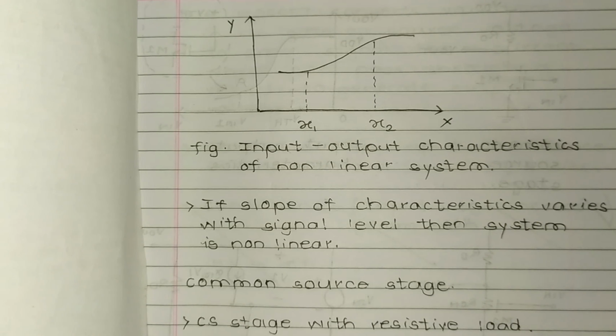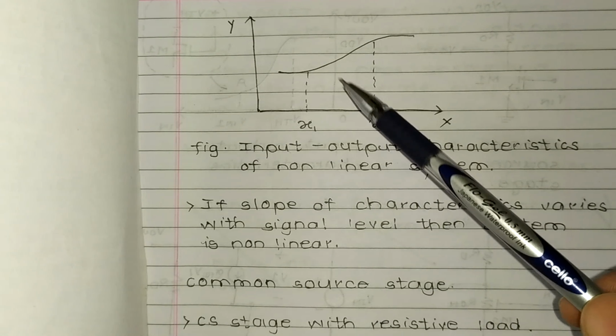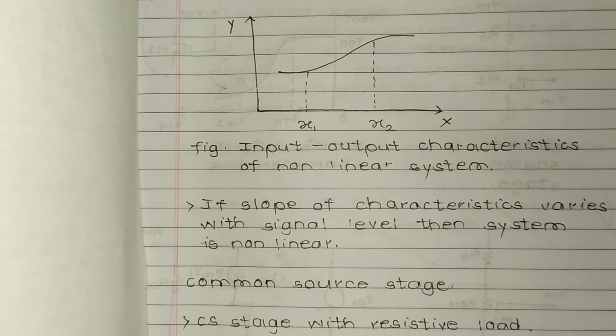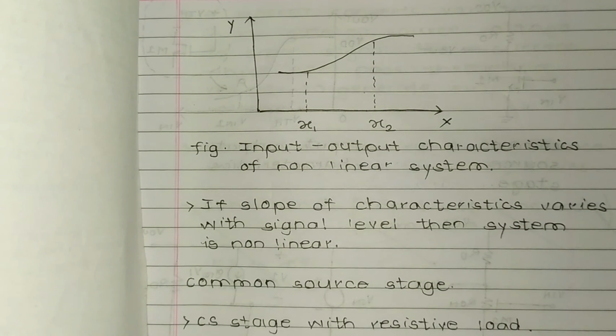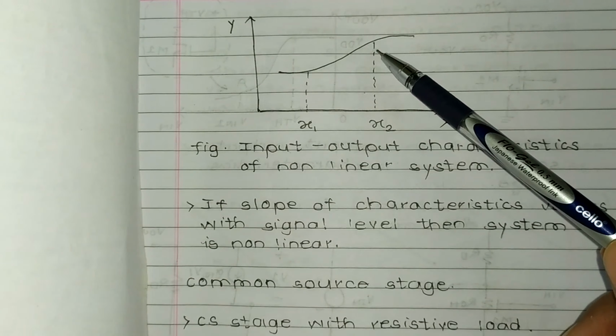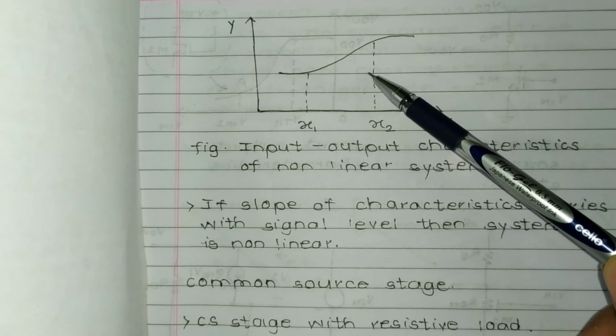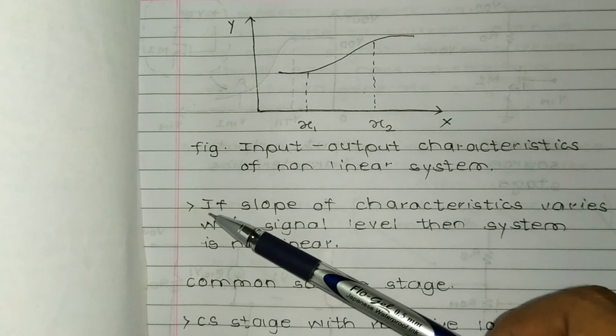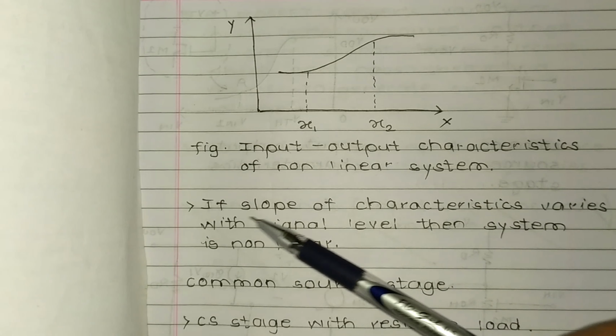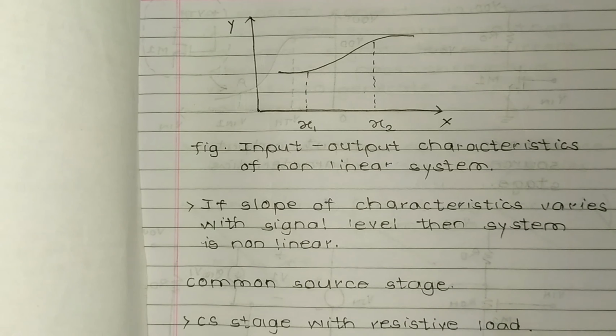Now the input-output characteristics of a non-linear system. This is a graph for the input-output characteristics of a non-linear system. If the slope of the characteristic, y upon x, varies with the signal level, then the system is non-linear.